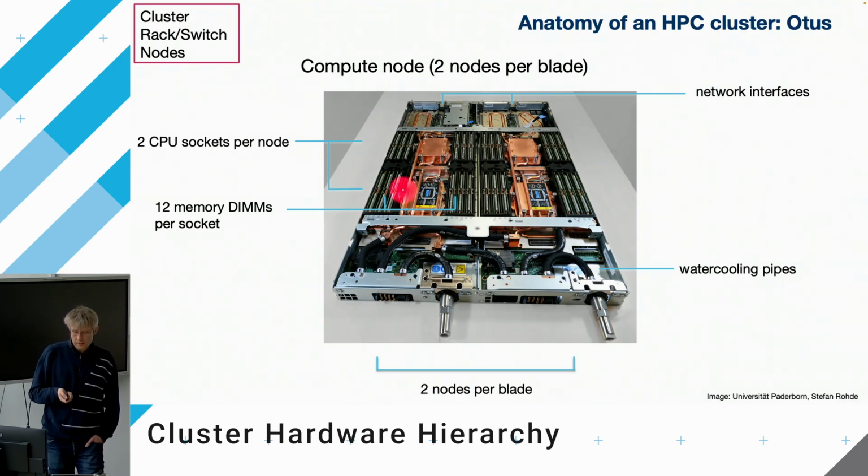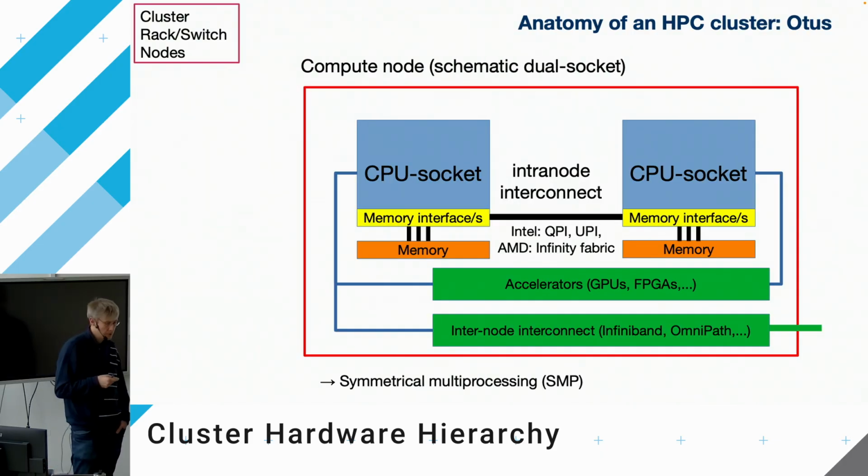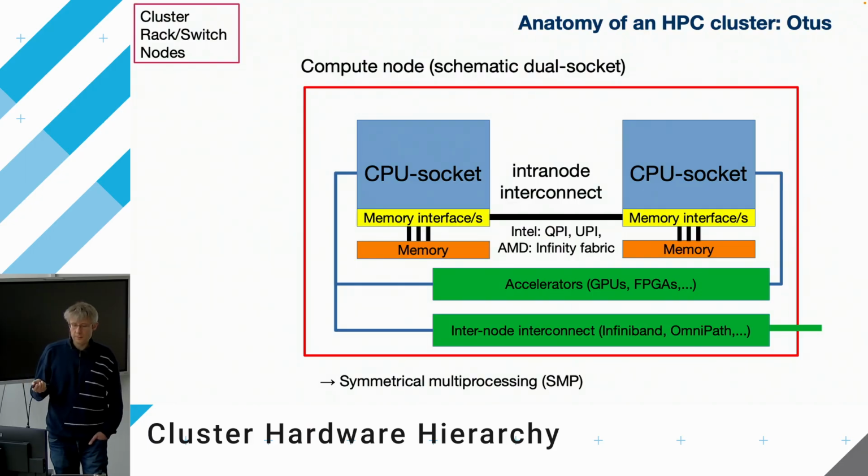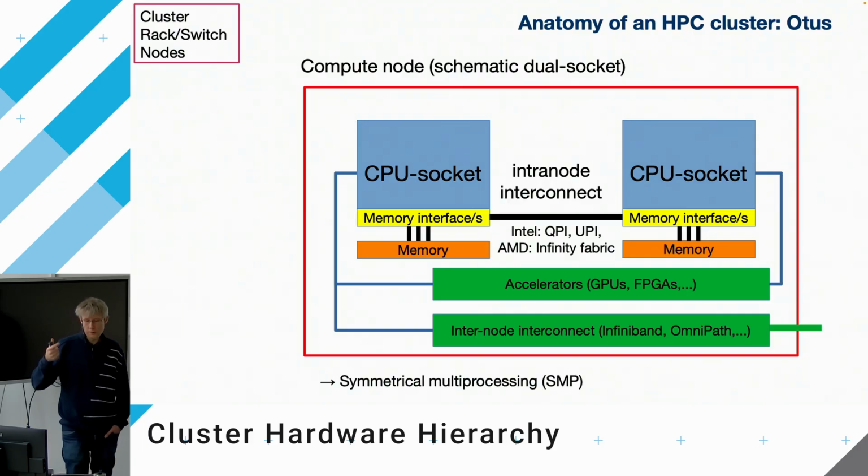Now, if you take a closer look at one of the nodes, for example, the left one here, and look at it logically, then we see it's a complete compute machine, which consists of two CPU sockets, and they are all accessible by your programs that run on the compute node.